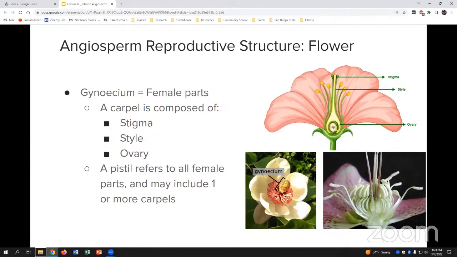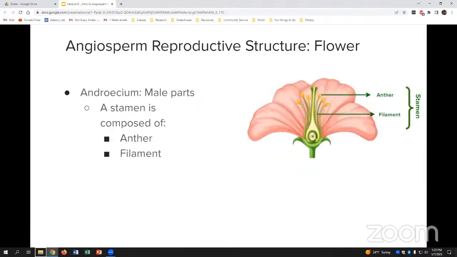The gynoecium is going to be divided into units called carpels. So the carpels are parts of the gynoecium. A single carpel is going to be composed of a stigma.